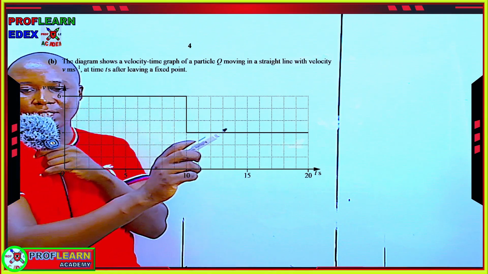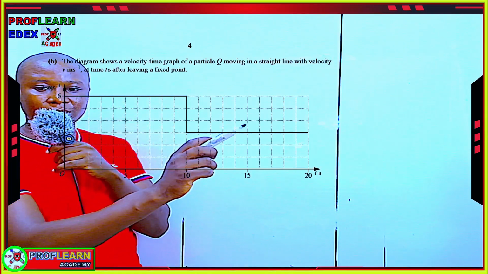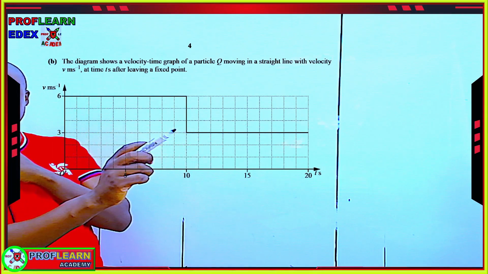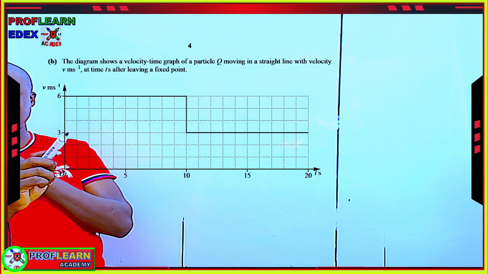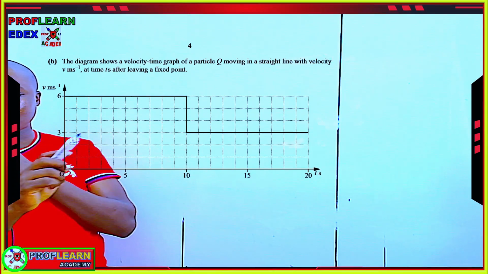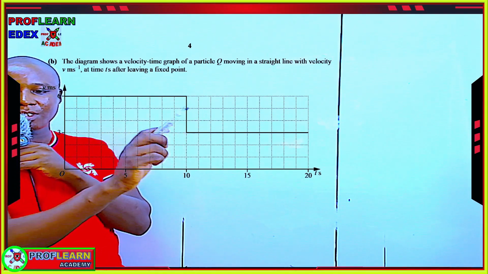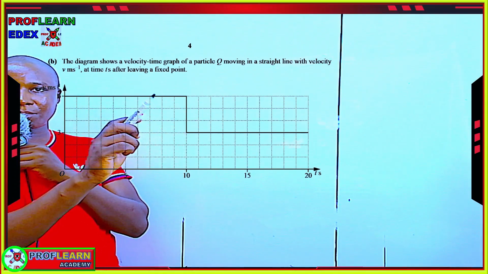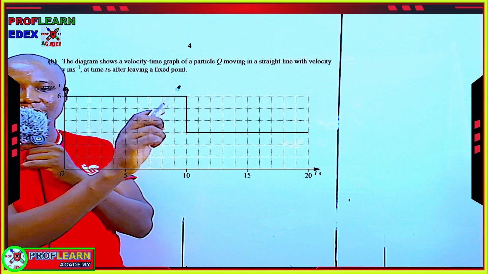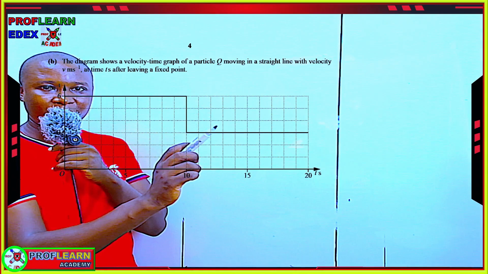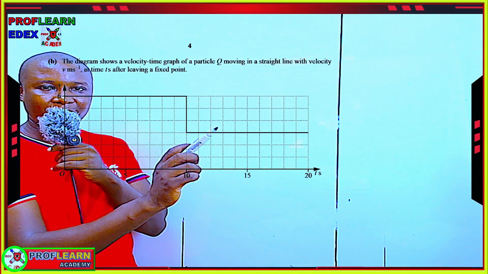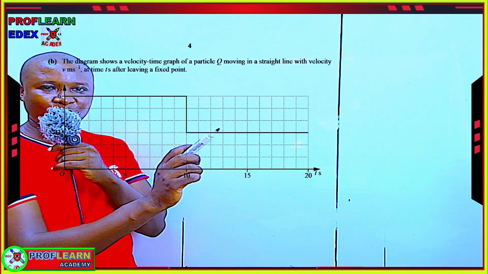But in this section down here, velocity is constant, but now it's 3 meters per second, because it's indicated at this point here. So this section here is going to have 6 meters per second as a constant velocity. Then we have this section down here, which has a velocity of 3 meters per second, which is constant.